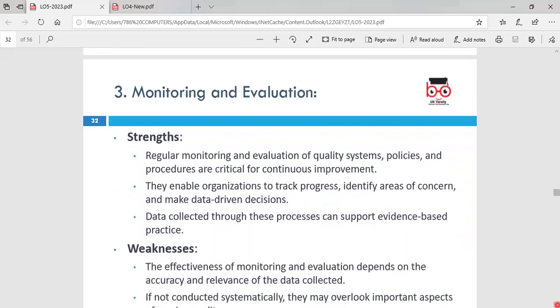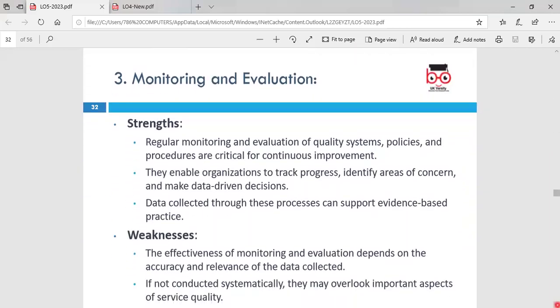Monitoring and evaluation. Monitoring is on a regular basis, evaluation is at different intervals. You can have a midterm evaluation or an end of term evaluation of any procedure that you're doing. This would enable you to track progress.